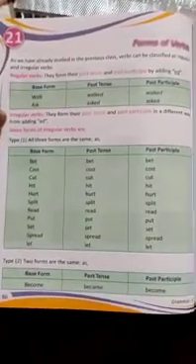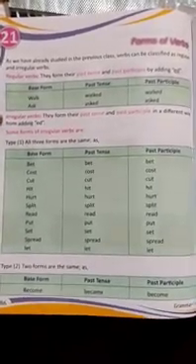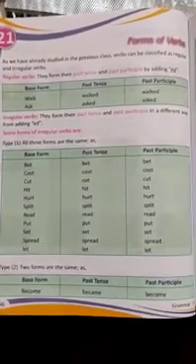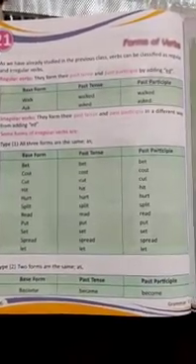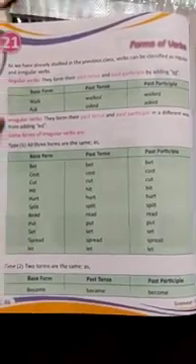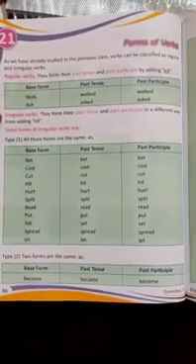We will study the list of irregular verbs later, but for example, go is the base form of an irregular verb: go, went, gone. These kinds of forms are called irregular verbs.